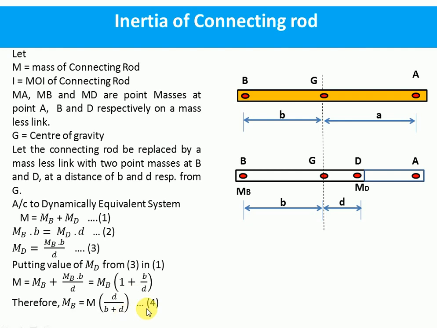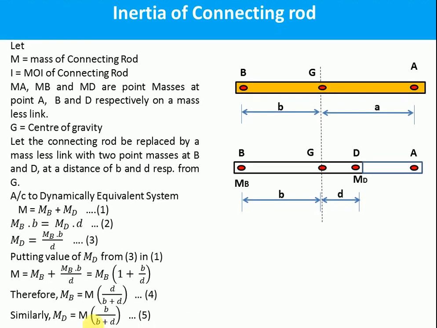Let it be equation 4. Similarly, we can write MD as M into b upon b plus d. This b plus d is the distance between B and D. Let it be equation 5.